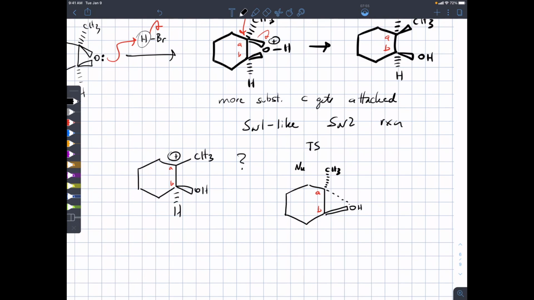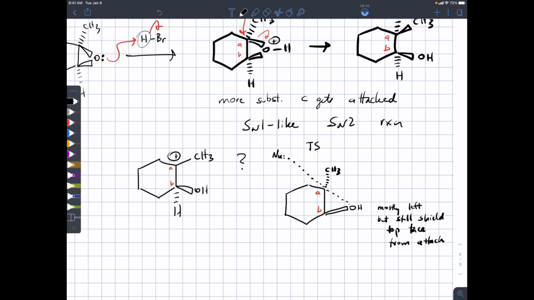It's gotten decently long before the nucleophile has started to approach. Okay? We might say that this OH group is mostly left in the sense that the bond is long, but it still shields the top face of the molecule from attack.